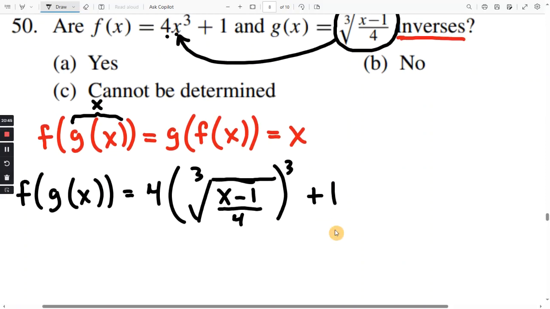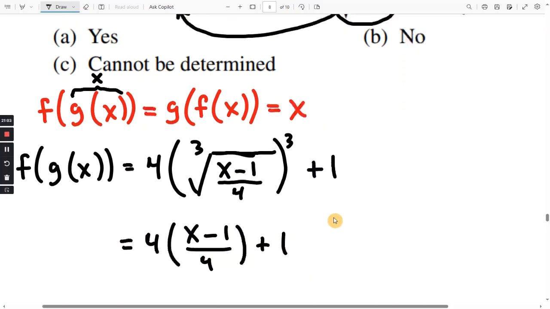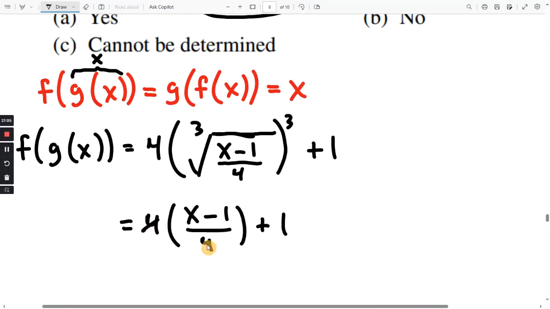When you have the something to the third root and you take it to the third power, you're just left with that thing. So it's going to be 4 times x minus 1 over 4, and we still have the plus 1. And of course 4 over 4 cancels. x minus 1 plus 1 is going to be x. So far it checks out. It will probably work. Usually if you get x for one of them, you get x for the other one. But you really have to do both.